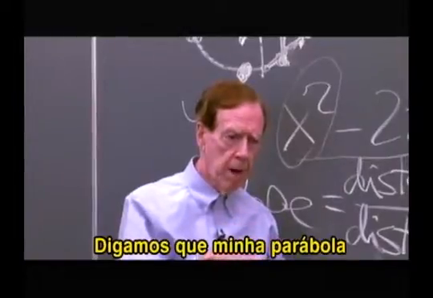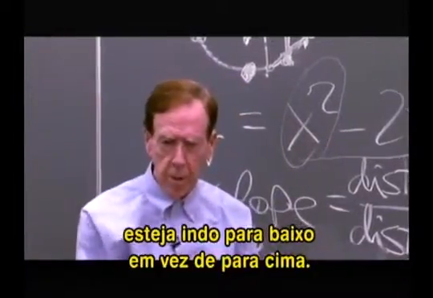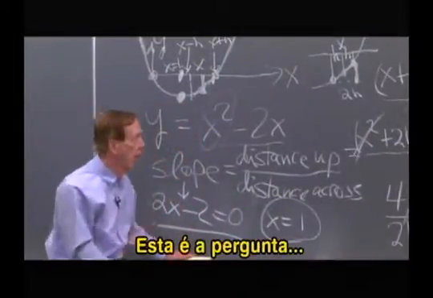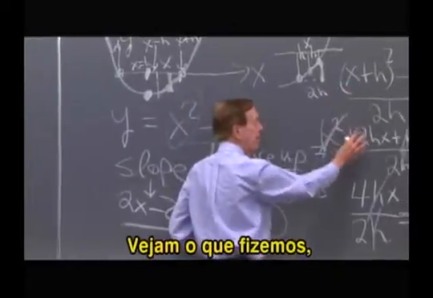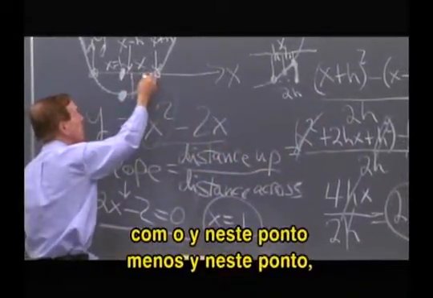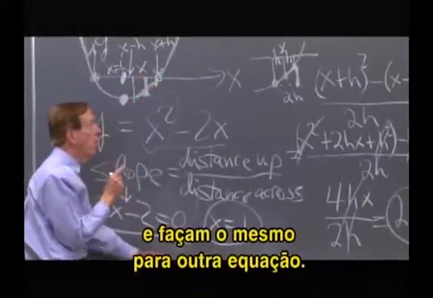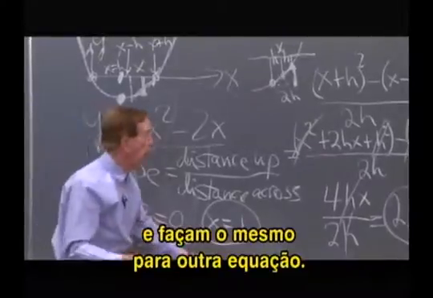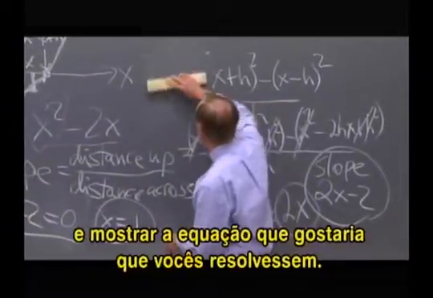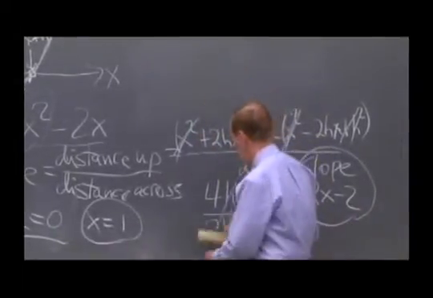Suppose my graph, my quadratic, was going downwards instead of upwards. Let me give you an example. So here's a question for you. Look at that process that we did, y at this point minus y at that point, and do the same for a different quadratic. So I'll just erase what we did there and show you the quadratic I'd like you to tackle.